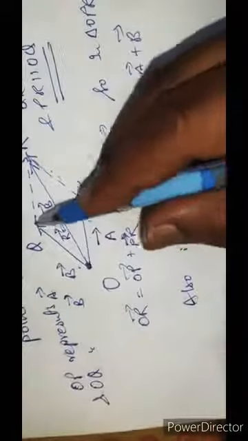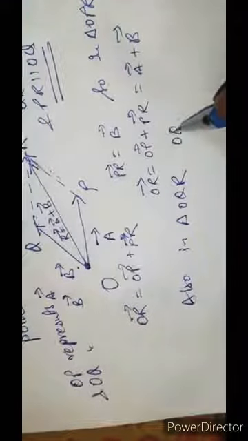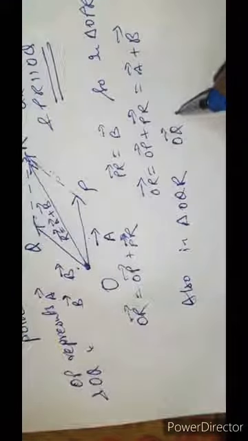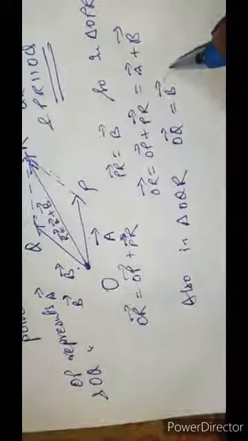Also in triangle OQR, अगर हम OQR को देख लेते हैं, here OQ is equal to vector B and vector QR is equal to vector A, in same order.